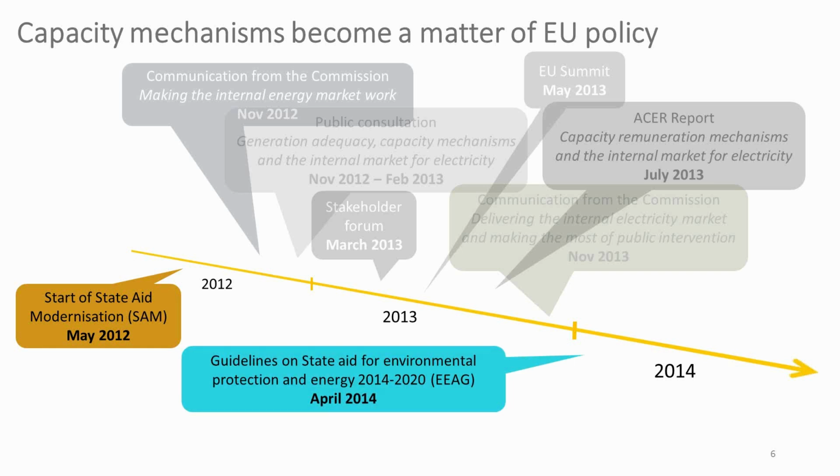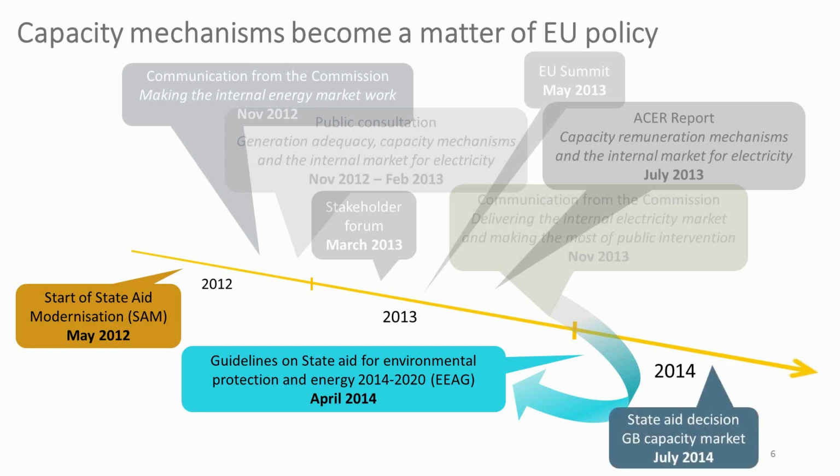Not surprisingly, all the thinking developed in the consultation on capacity mechanisms and then in the Commission's communication fed into these new state aid guidelines. The first and so far the only case where the Commission applied these rules is the approval of the UK capacity market. More state aid decisions are likely to follow.